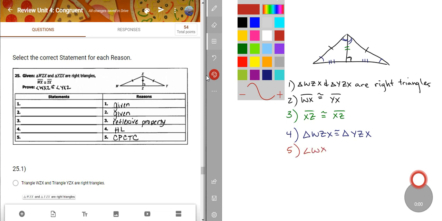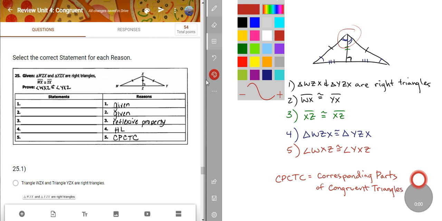Angle WXZ is congruent to angle YXZ, and sure enough, we see it up there, by CPCTC, which stands for corresponding parts of congruent triangles are congruent.